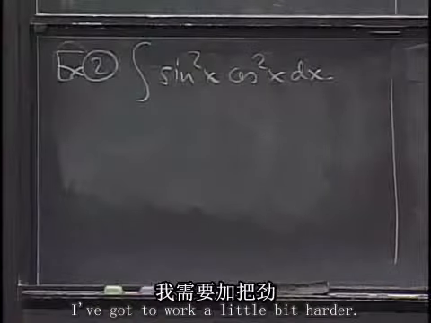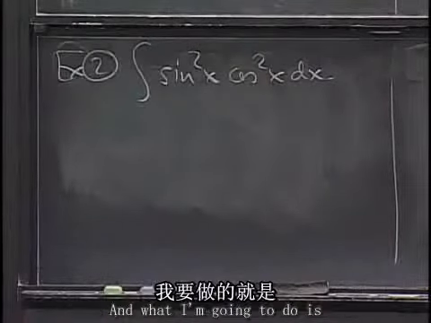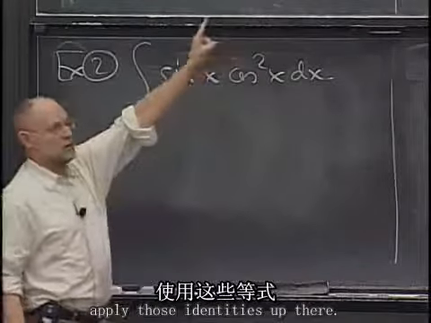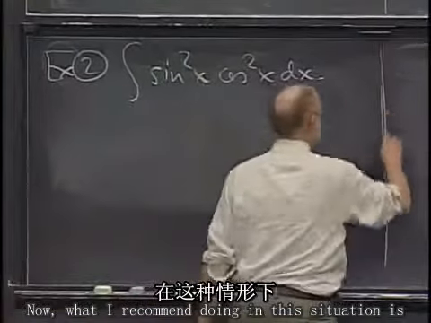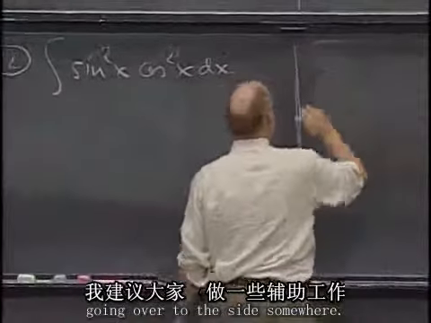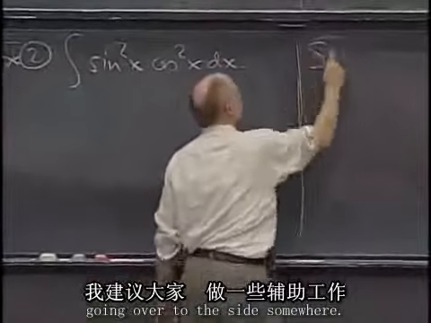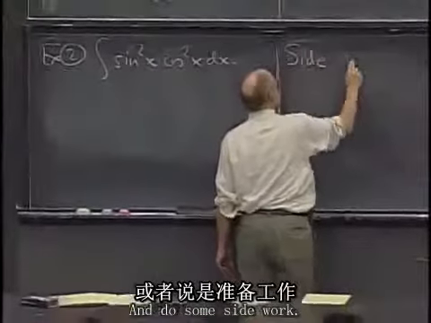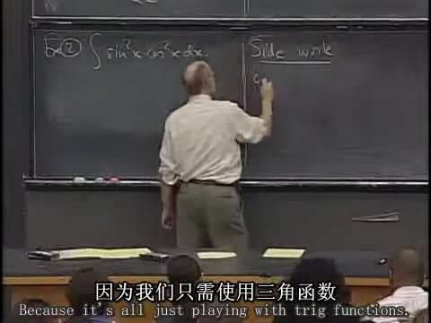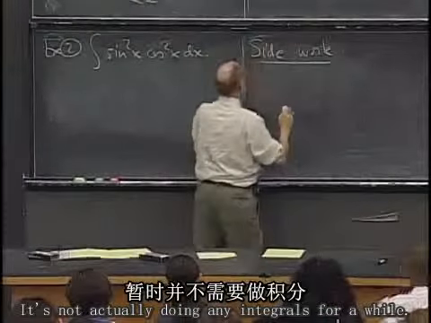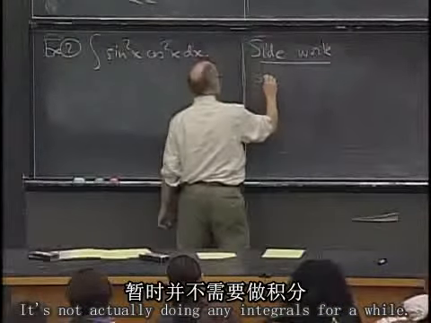I've got to work a little bit harder. And what I'm going to do is apply those identities up there. Now, what I recommend doing in this situation is going over to the side somewhere and do some side work, because it's all just playing with trig functions. It's not actually doing any integrals for a while.